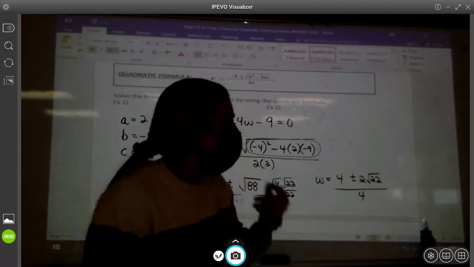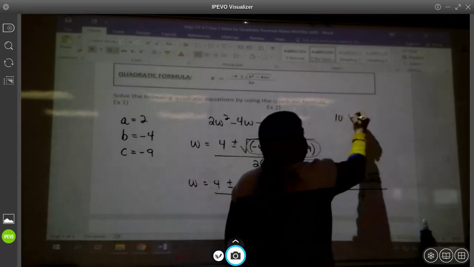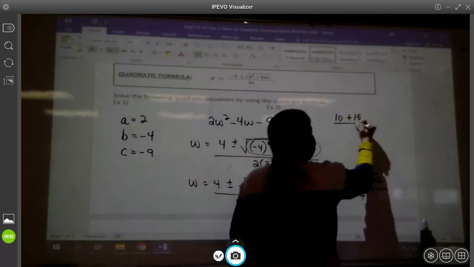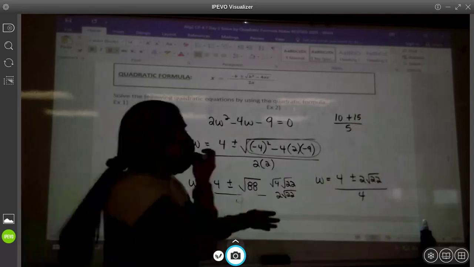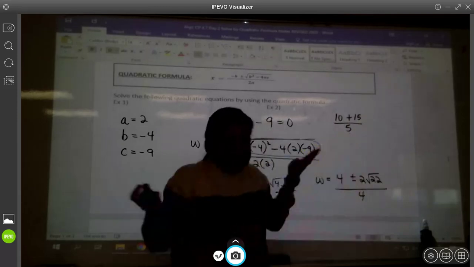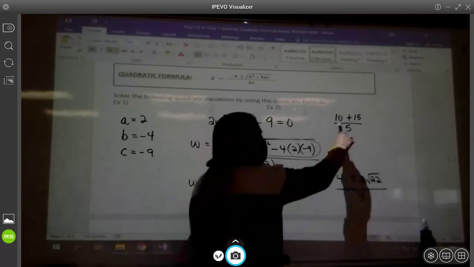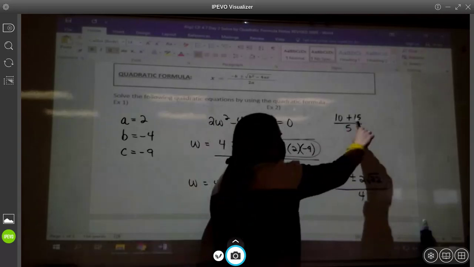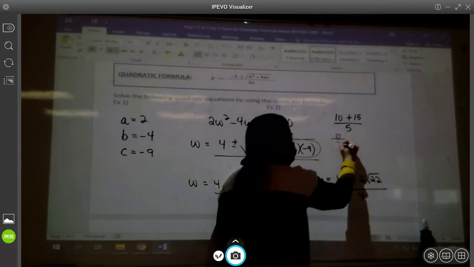So do you guys remember when we were working with fractions earlier, I showed you guys, if you ever had this problem, 10 plus 15 divided by 5, right? 10 plus 15 is 25. 25 divided by 5 is 5. The answer to that problem is 5. But I told you guys, if you're ever adding or subtracting something together and dividing, you're allowed to split this into 2 separate fractions.